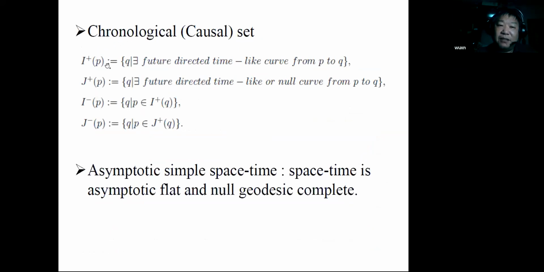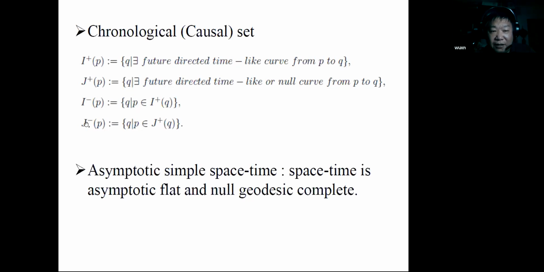If Q belongs to I plus of P, it means that from P to Q there is a future-directed time-like curve. That means the two points are connected by a time-like curve. If Q belongs to the future causal set J plus of P, it means that from P to Q there is a null or time-like curve connecting them.